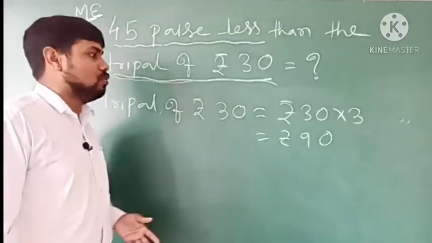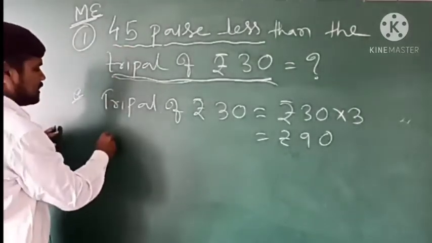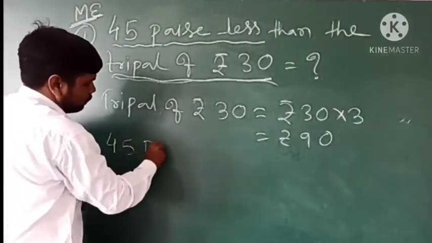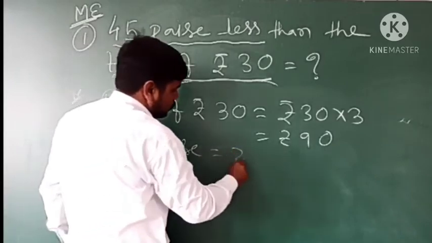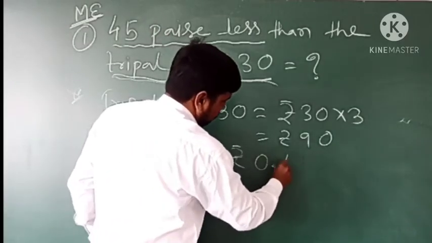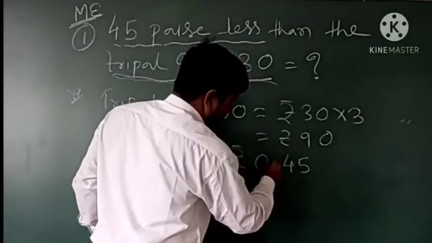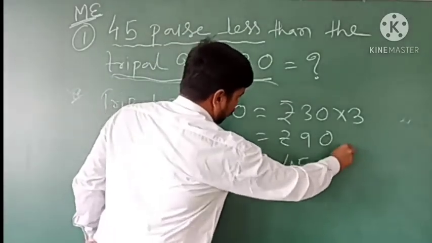But if you do it with the calculation, then 45 paise means rupees 0.45. So rupees 0.45 you have to subtract from rupees 90.